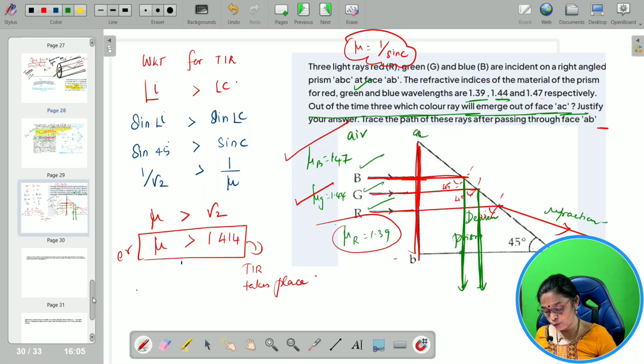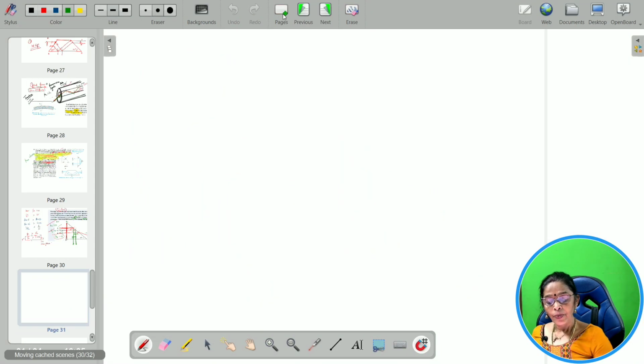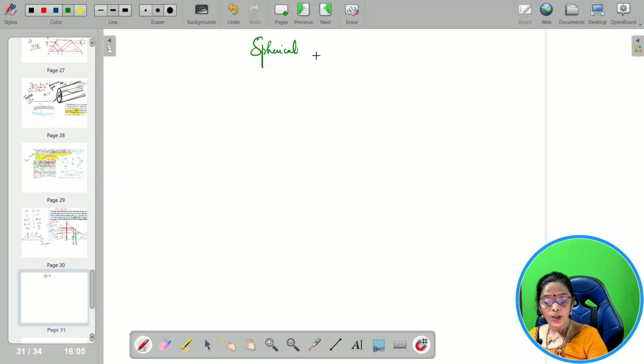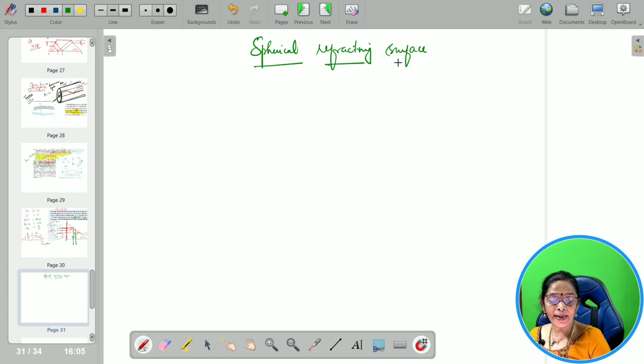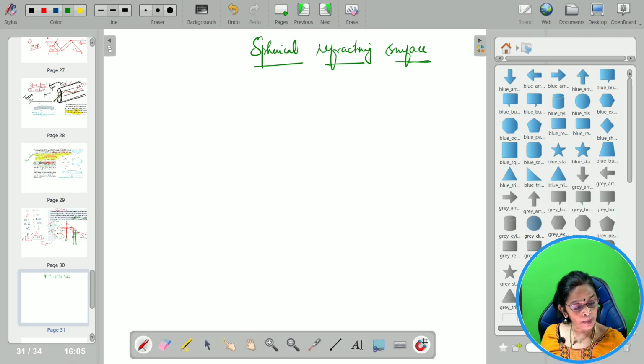Now, we are going to go for the next topic, that is spherical refracting surface. How is the refraction taking place? Through the sphere, so a glass sphere. So, let us take a glass sphere. I am taking a glass sphere here.